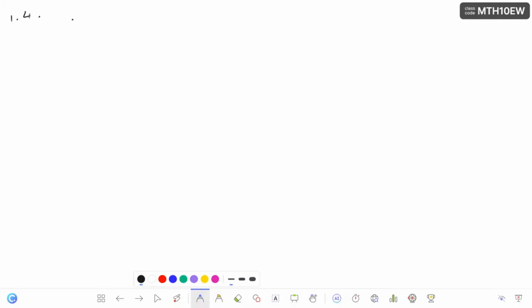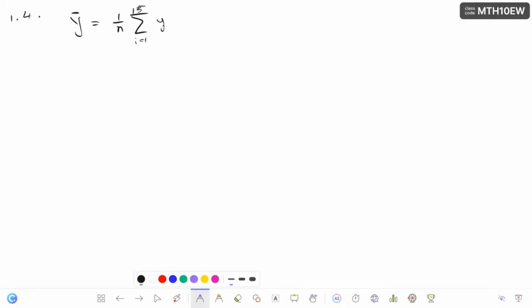The formula for mean is y bar is equal to 1 over n. So how many data do we have? We have 15 players. Then i is equal to 1.